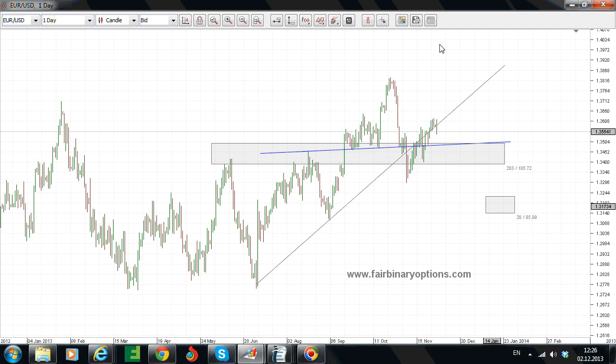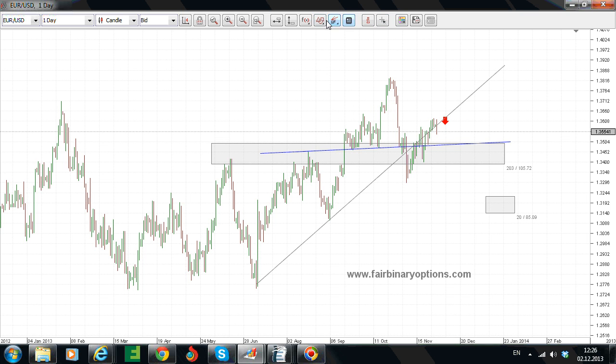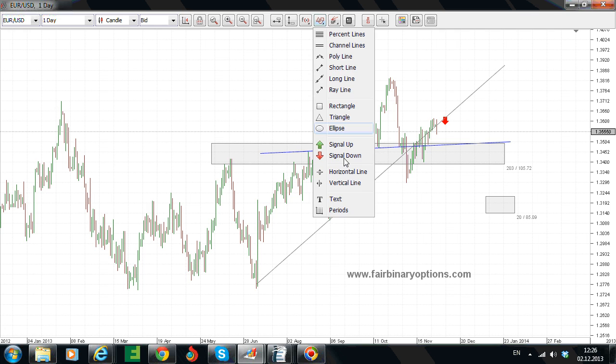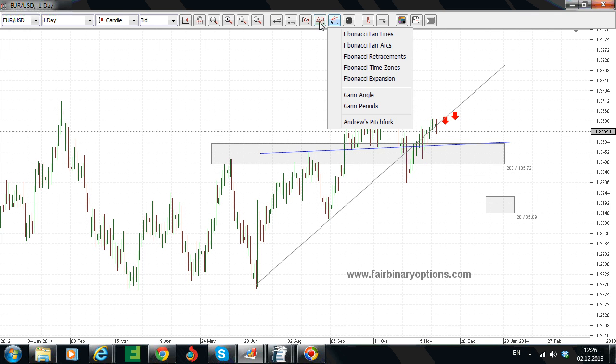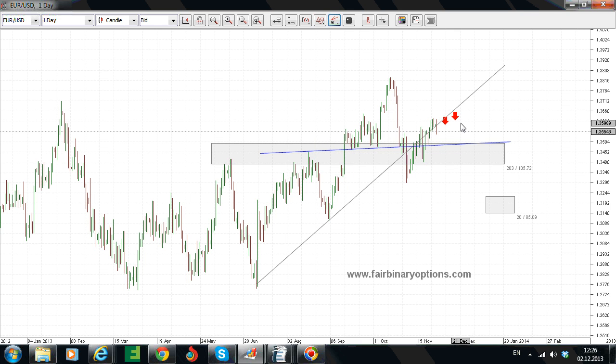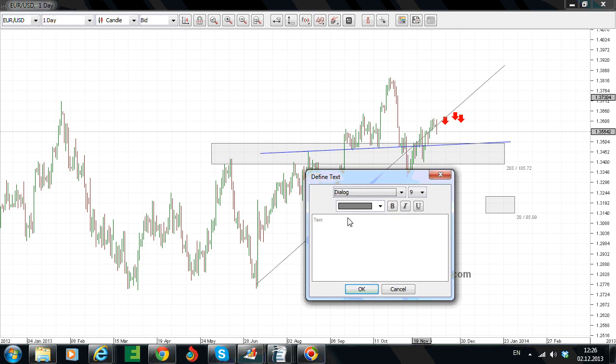And keep in mind, we are looking for buying put options here. So buying put options with end of week expiration date.